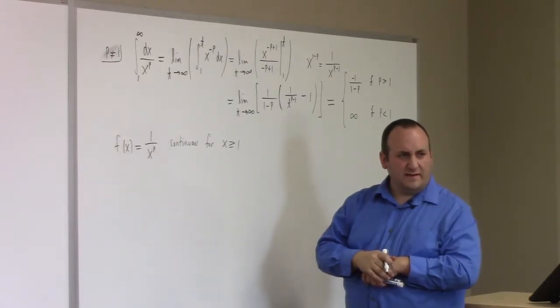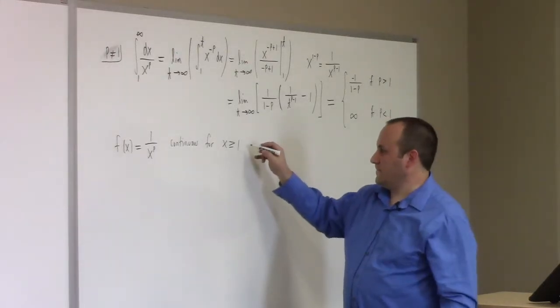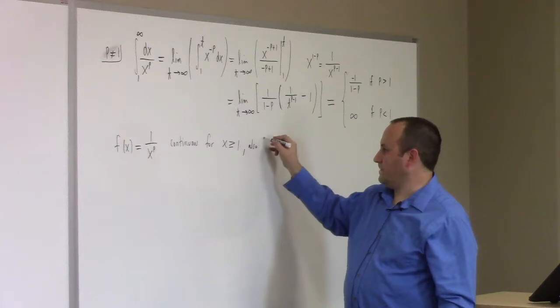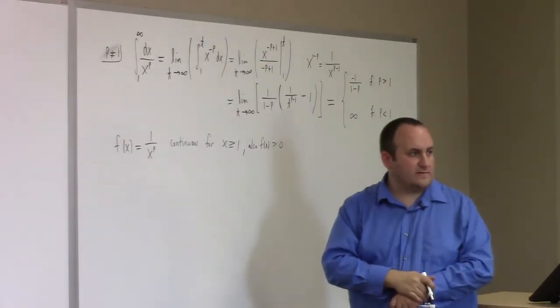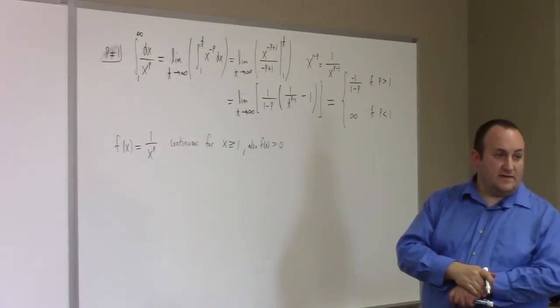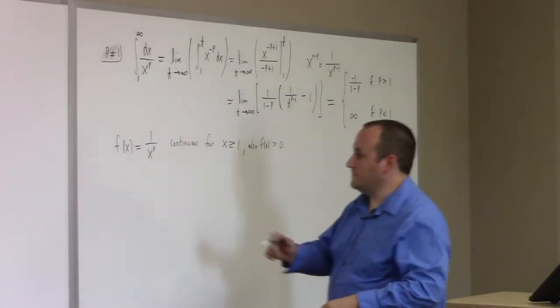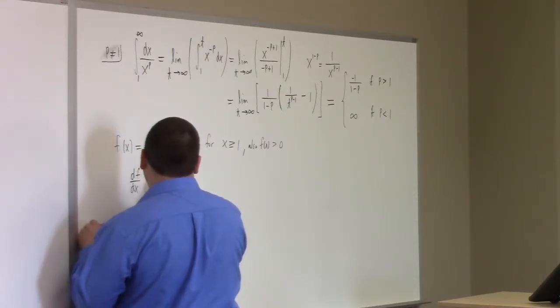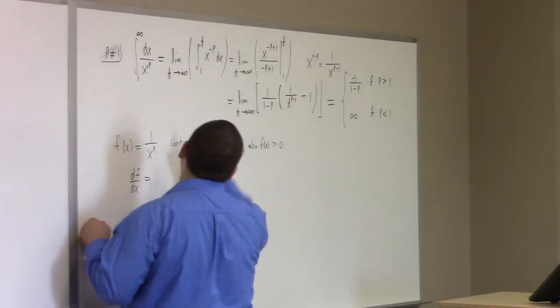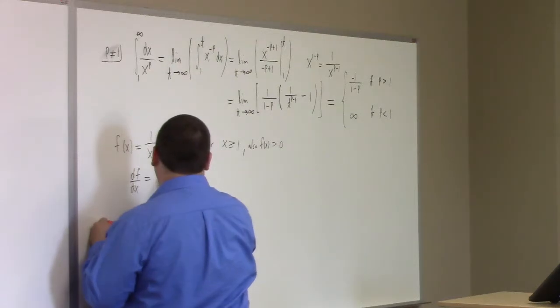It's positive, got that too, for x greater than 1. Is it decreasing? Let's see here, df dx is what? That's the easiest way to look at it.